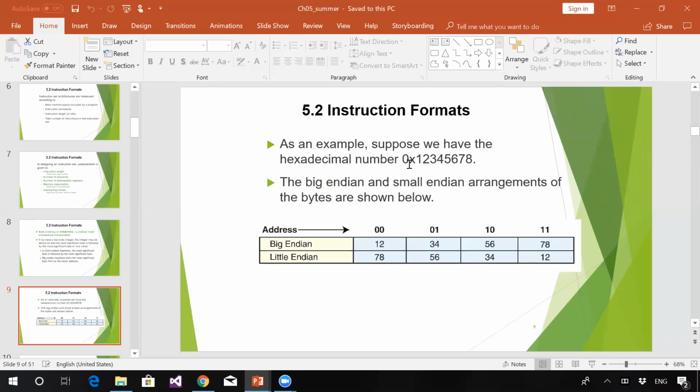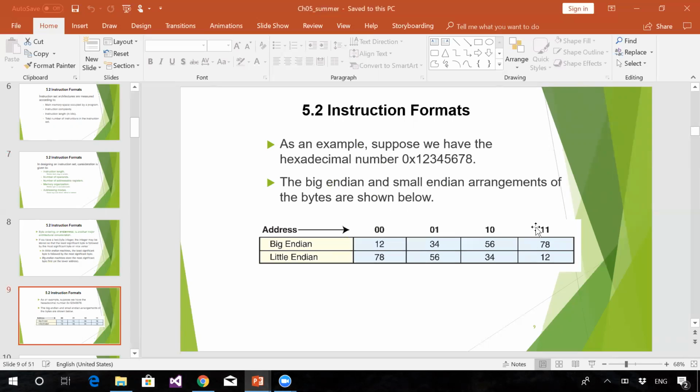If the hex number we want to save in the memory is longer like this, then normally we think, just put each of them into the memory from the beginning to the end. So it should be 1, 2, 3, 4, 5, 6, 7, 8 from the lower address to the higher address.